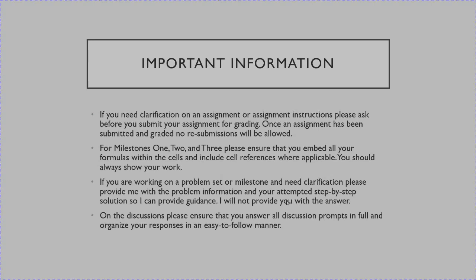Okay, it is imperative that you always show your work. Do not just give me numbers. I want to know how you arrived at each of the numbers. Okay? Make sure that you read the instructions carefully, because in some of those instructions, they ask you to use specific functions. Okay? So, reading is very, very important, and following instructions.